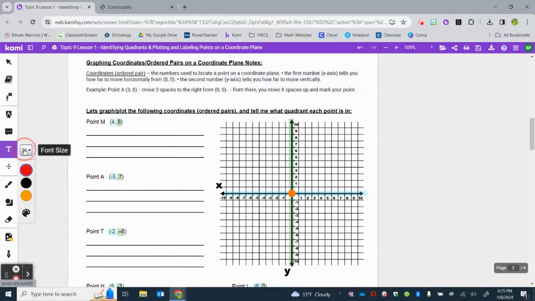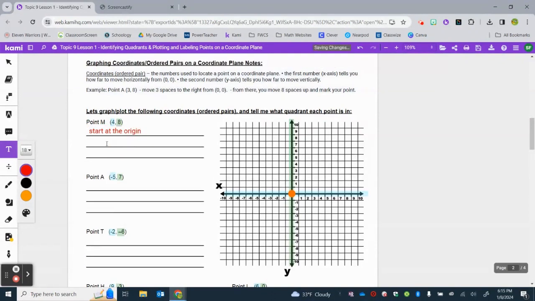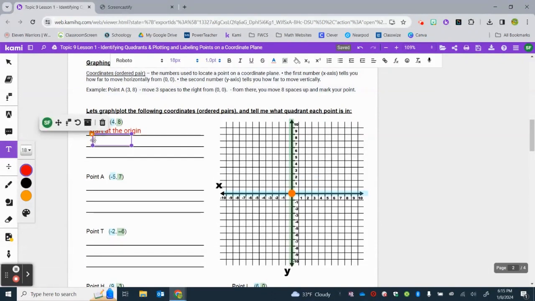So I like to be pretty consistent here with my graphing. The first thing I always like to do is start at the origin. I'm going to start at the origin every single time I graph any point. And as I said earlier, the 4 tells me where I need to go on the x-axis.